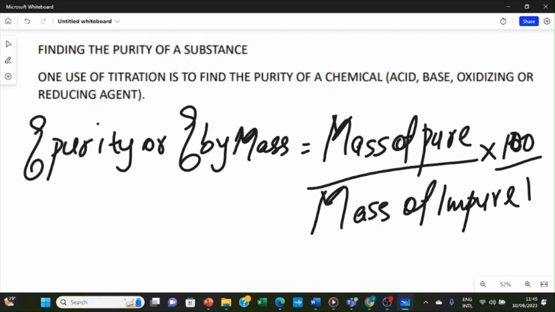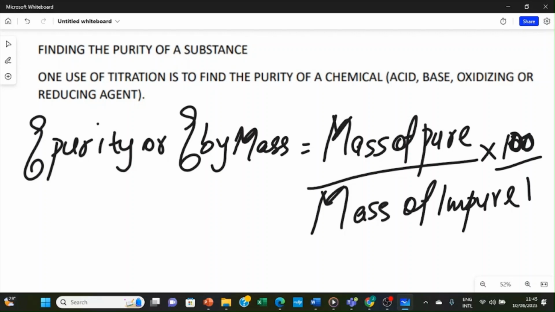So that's how we calculate the percentage purity, or percentage by mass, of an acid, a base, or an oxidizing or reducing agent if it involves redox titration.